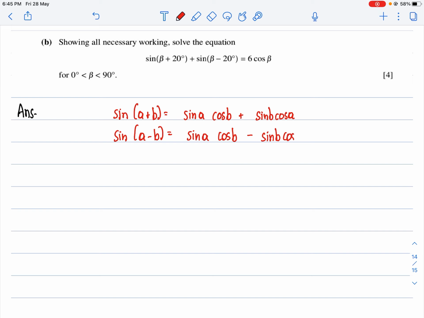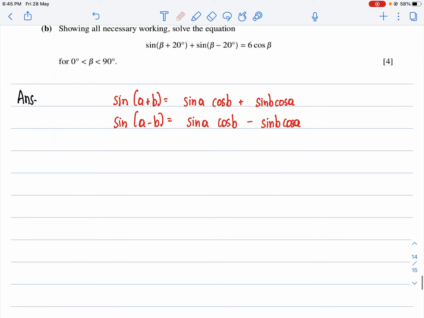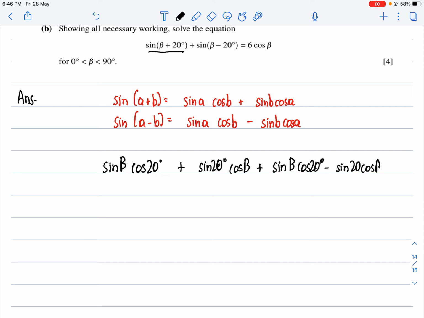So now implementing these compound angle formulas, I know this is sine beta plus 20, which I can write as sine beta cos 20 degrees plus sine 20 degrees cos beta, plus now I can use my sine A minus B formula, which gives me sine beta cos 20 degrees minus sine 20 cos beta, which is equal to 6 cos beta.